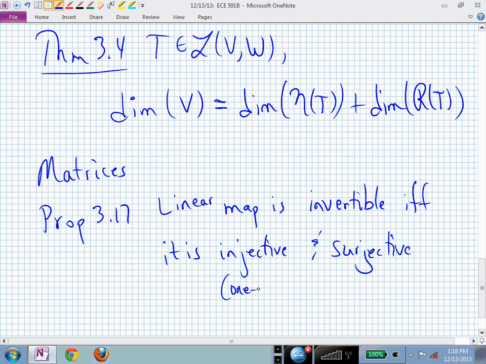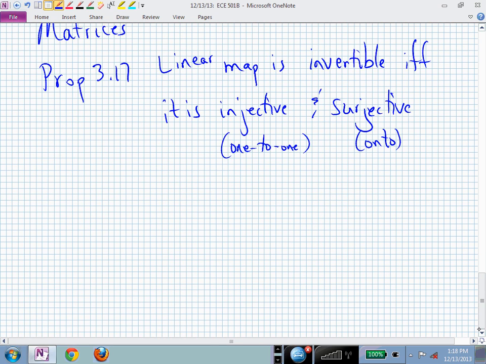So it's one to one and onto. And if we have an invertible map between two different spaces, then those two spaces are related, or they are isomorphic. That's the word that we use to describe those two vector spaces.